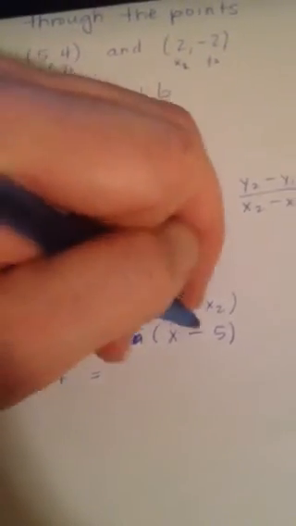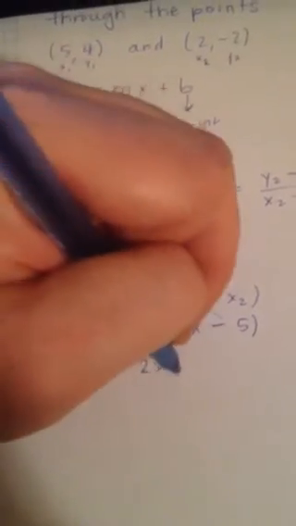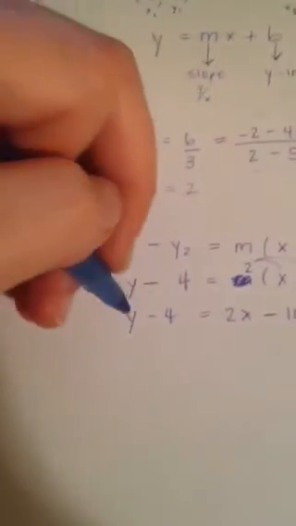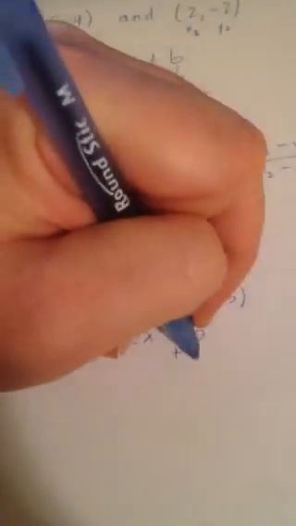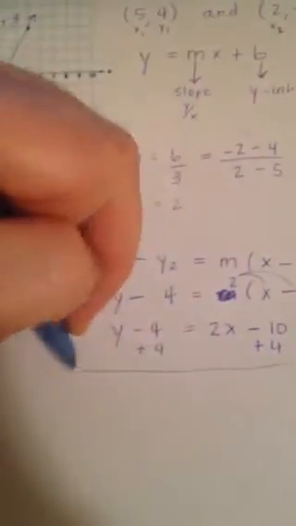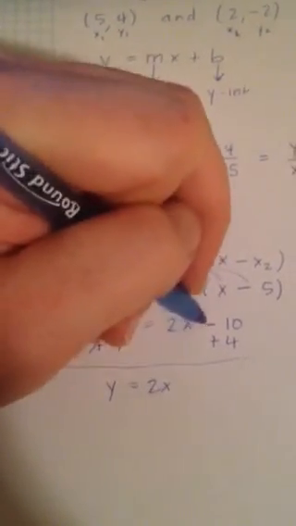Okay, so I'm going to distribute through. So here we go. 2x, 2 times -5 is -10. We have to move the 4, so I'm going to add it here and add it here. Oh yeah, check that out. 2x, and that added together, -6. Bam! So either way, you get the same answer.